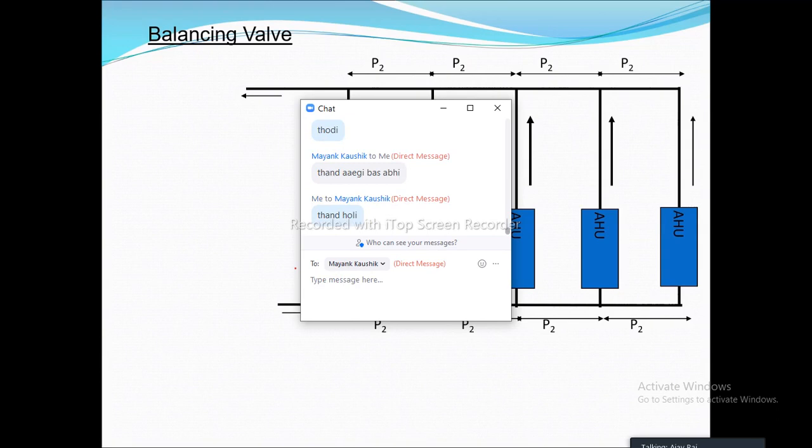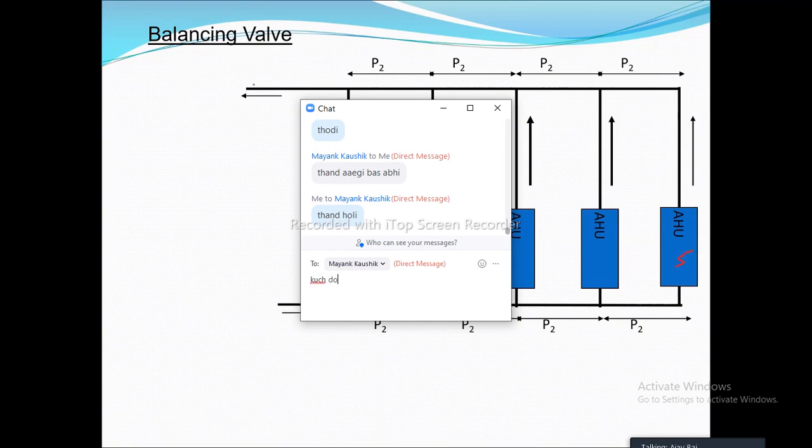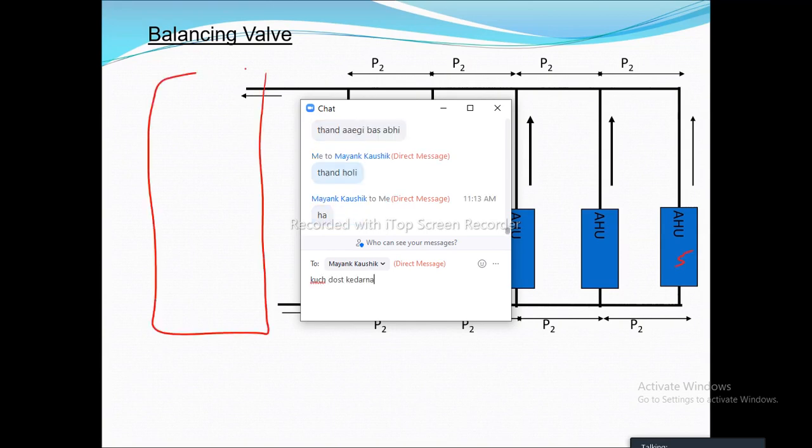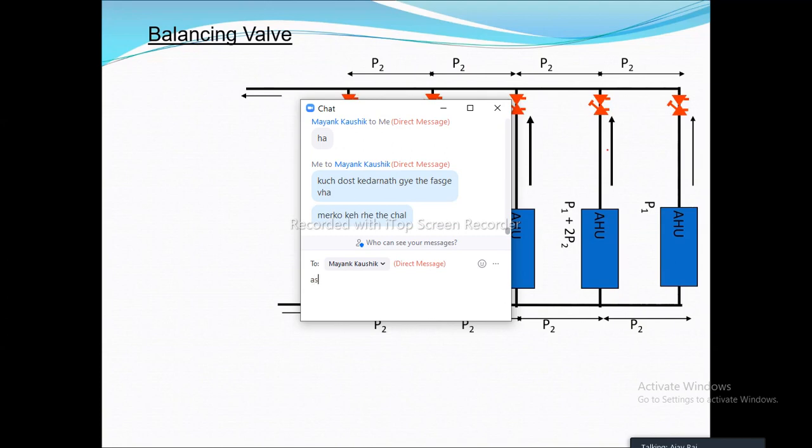If I have, let's say, 5 AHUs connected to a plant room, there will be more flow here, less, and least here. Yes or no? Yes, sir. The pressure drop across AHU1 will be P1 plus 8P2, then P1 plus 6P2, and for the last one it will be P1.